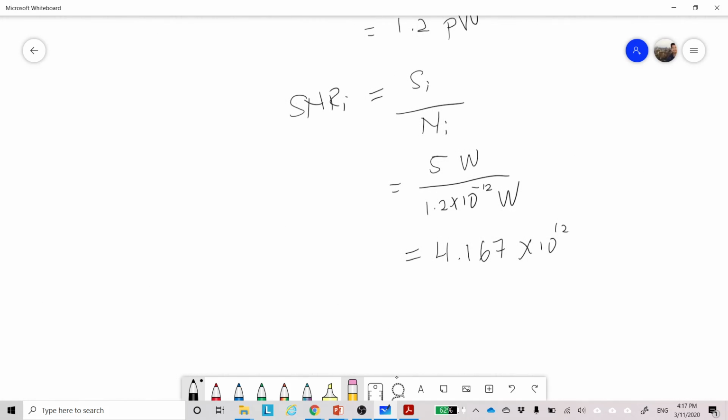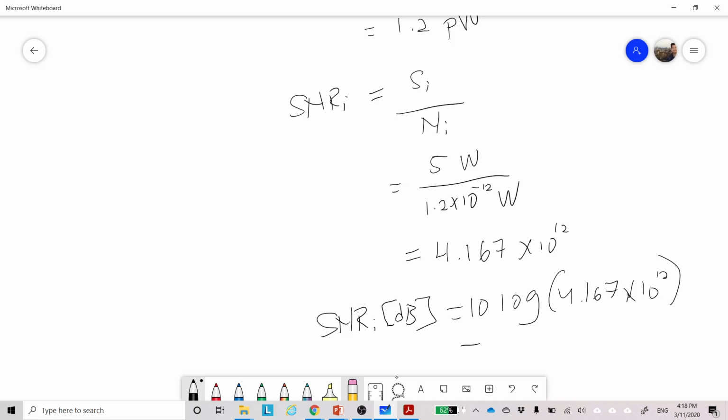Tetapi ingat dia tanya dalam decibel. So therefore SNRI dalam decibel bersamaan dengan 10 log 4.167 kali 10 kuasa 12, you akan dapat 126.198 decibel.